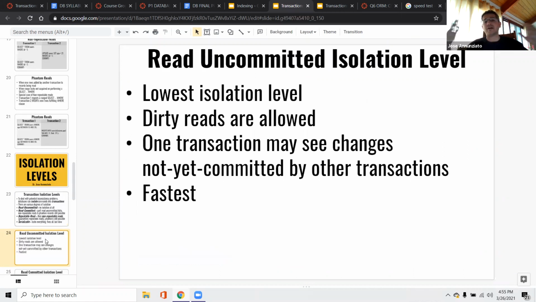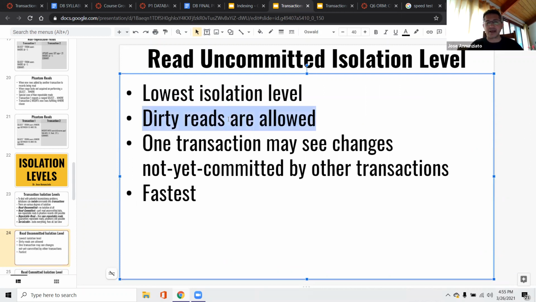So read uncommitted is a free for all. Everybody does whatever they want. There's no isolation, and dirty reads are allowed. But it is the fastest, because since everybody can do whatever they want, nobody's waiting on each other. It provides the fastest performance.